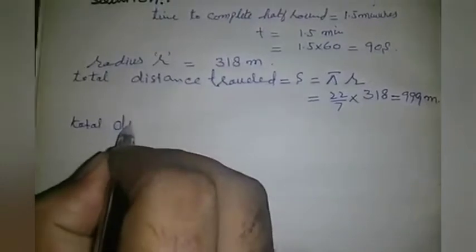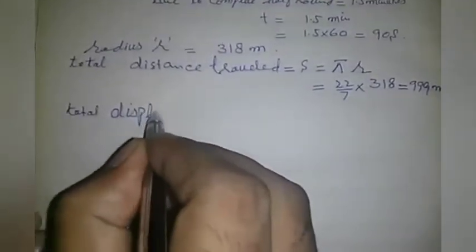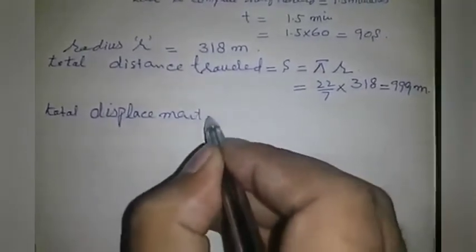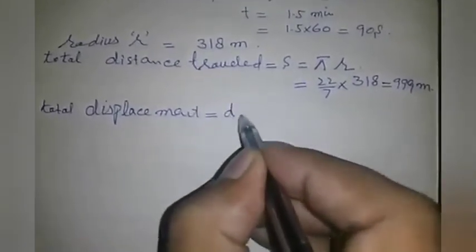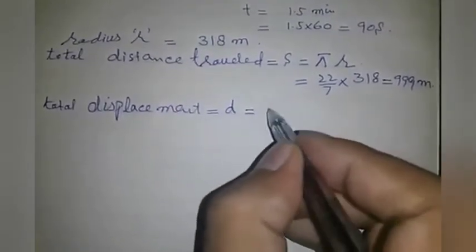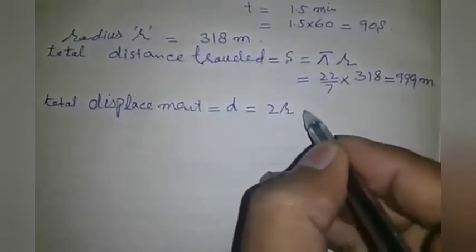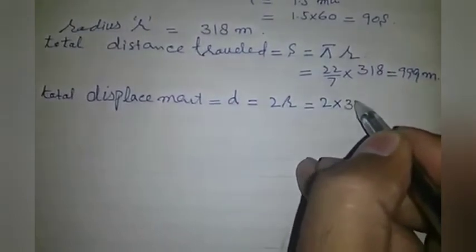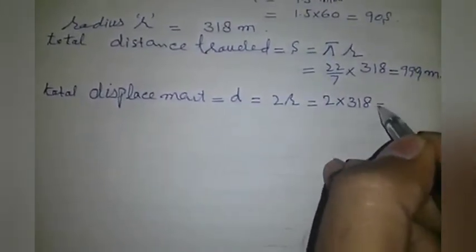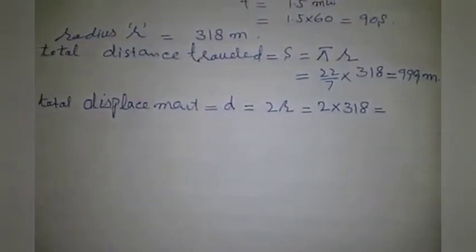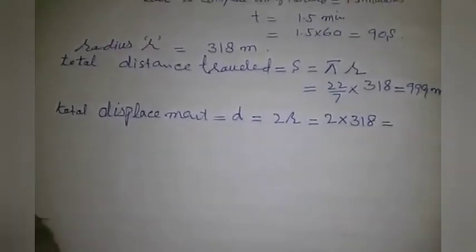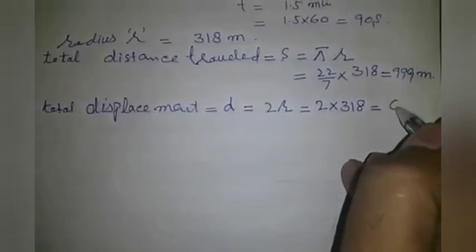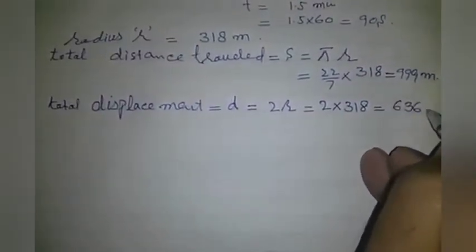Total displacement is equal to d is equal to 2 into r, which is equal to 2 into 318, which is 636 meter.